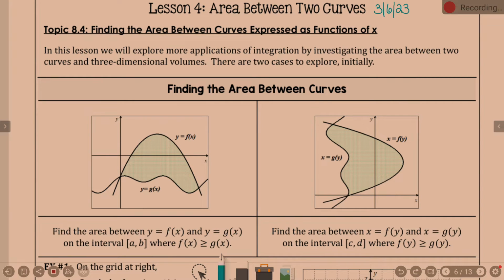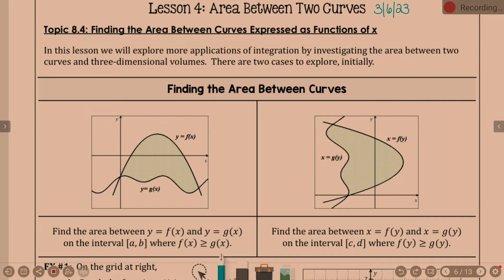So, your traditional, like, this is a parabola. So this is y equals negative x squared plus 2x plus 5, or whatever, random made-up numbers there. But where it's in terms of x and it's y equals. Okay? So being able to find the area in between the curves there. And we'll talk about exactly how that works here in a moment.